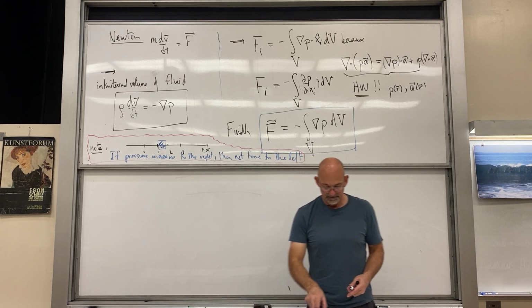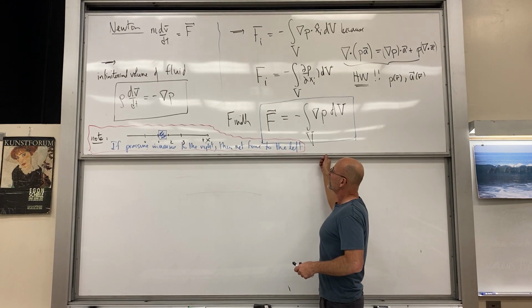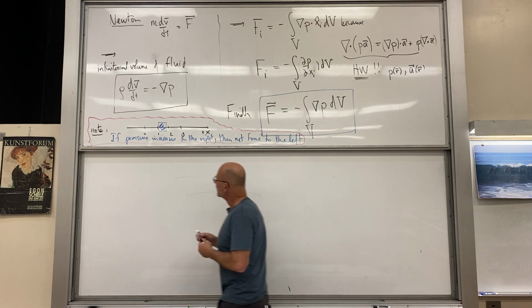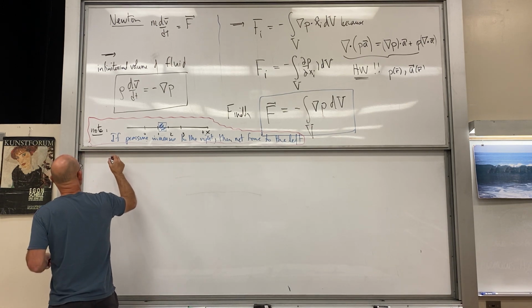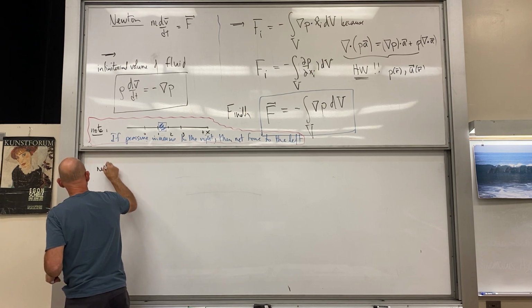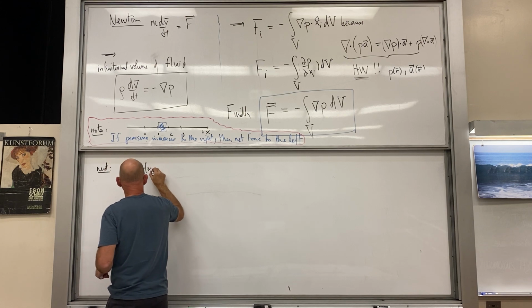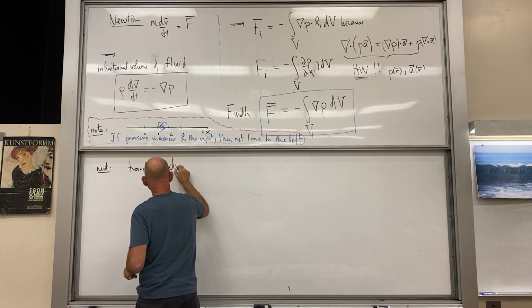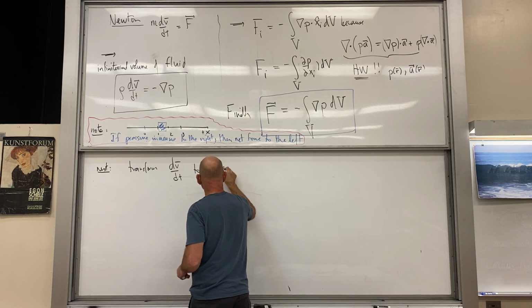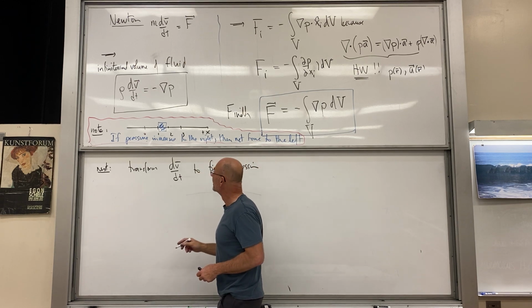So let's see here. We now have to transform that equation. So, here we go. Next, transform dv dt to the field expression. And we can do this as follows.